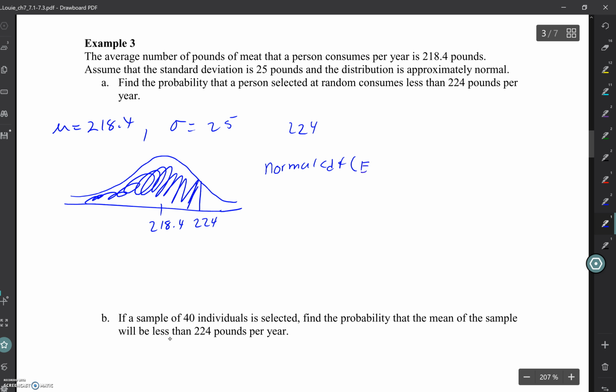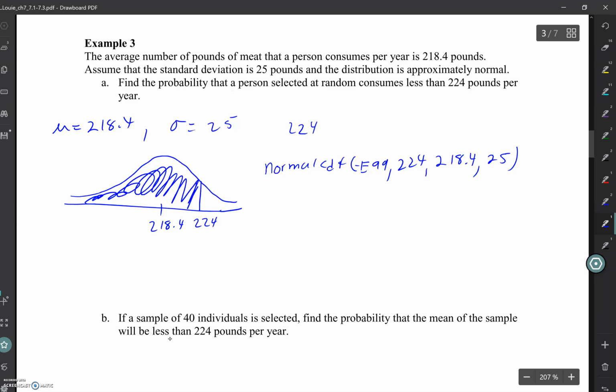So negative E99 to 224. Mean of 218.4. And what's my standard deviation? 25. Why am I not adjusting it?